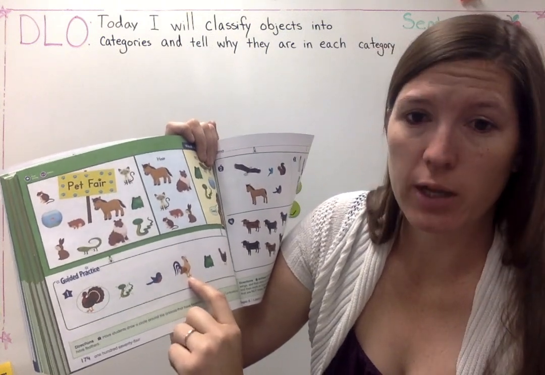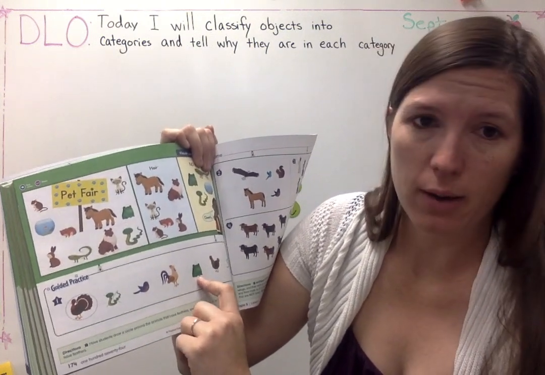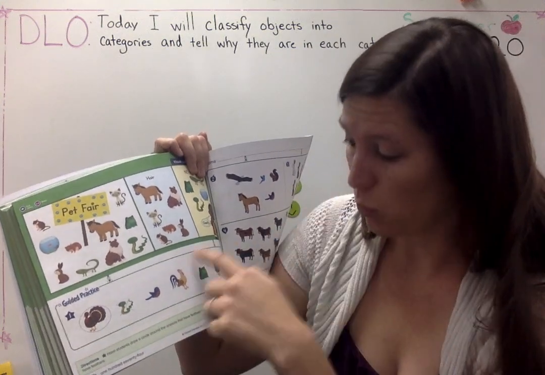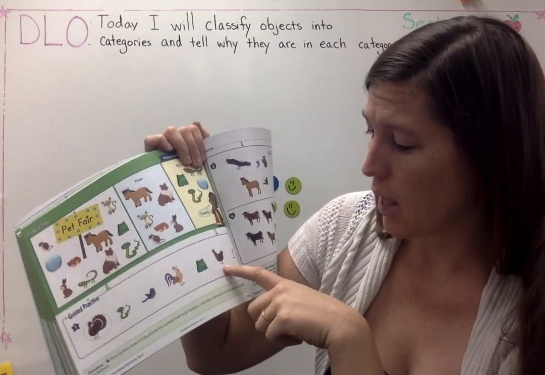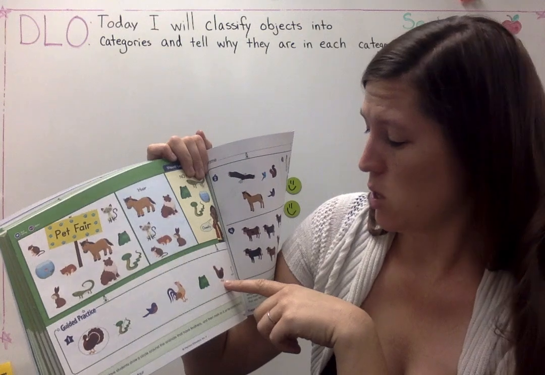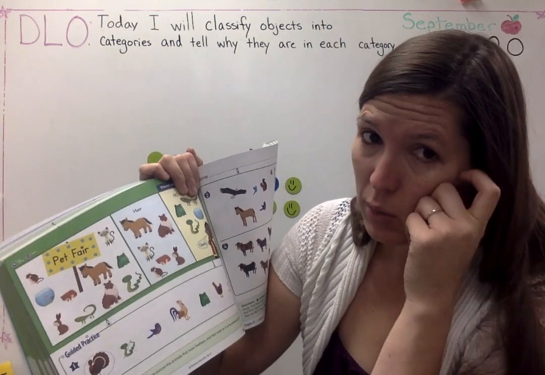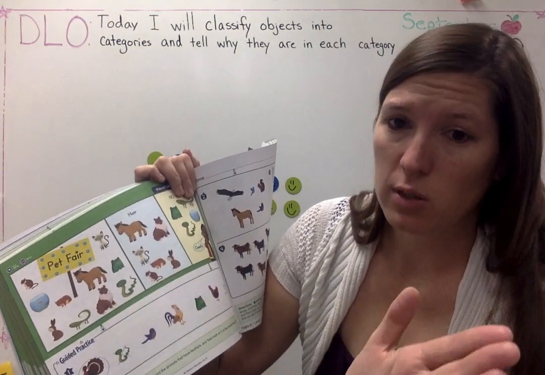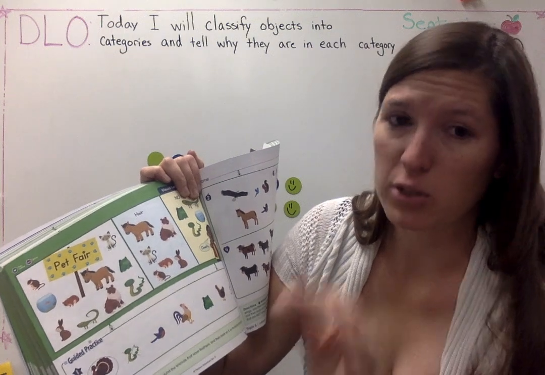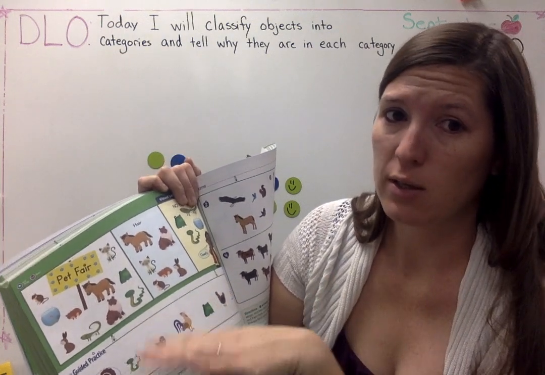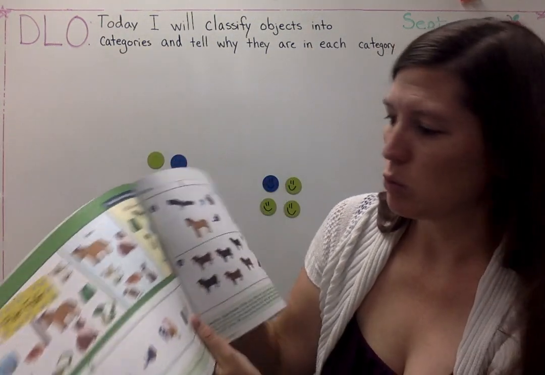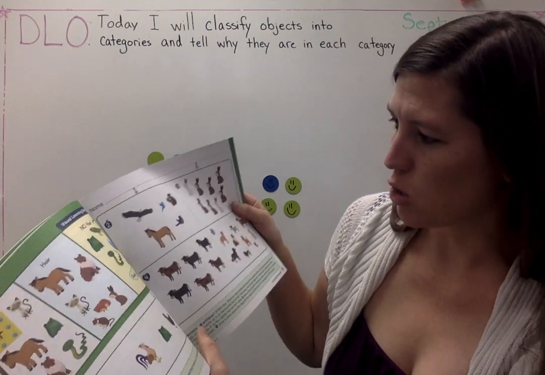This is a rooster. It has feathers. A frog does not have feathers, so you would put an X on him. The hen has feathers. We'll learn more about animals later, different attributes of animals, why birds have feathers, reptiles have scales.